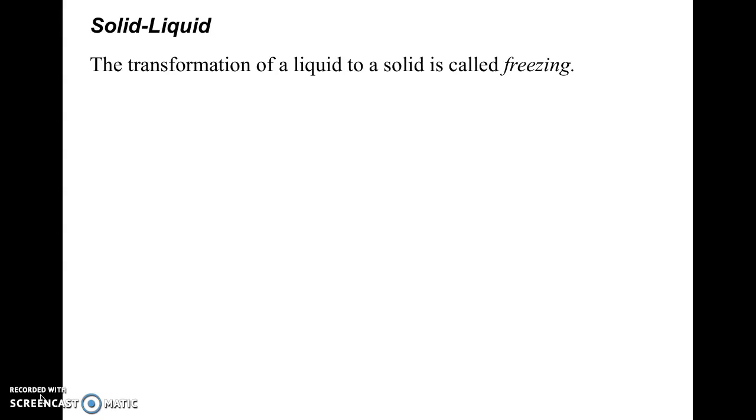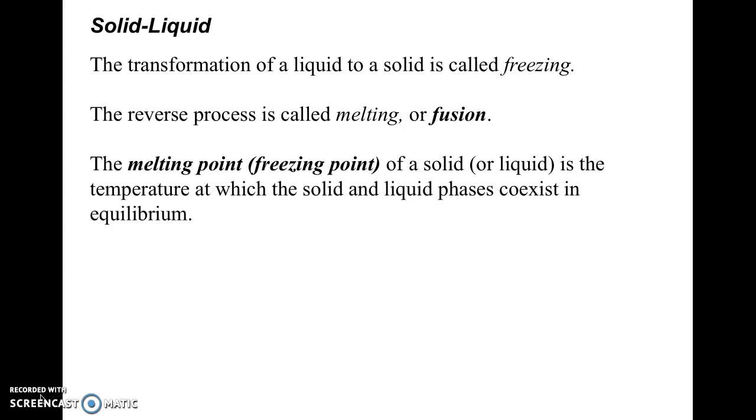We can also have liquids and solids convert from one to the other, and so going from a liquid to a solid is freezing. We're familiar with that terminology, but when something melts, it's called fusion in the science world. So the melting point is the temperature at which the solid and liquid phases can coexist.